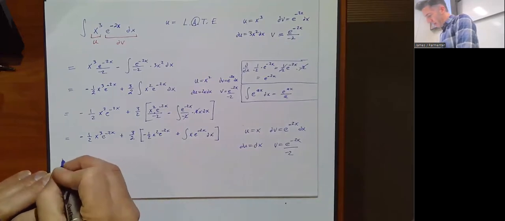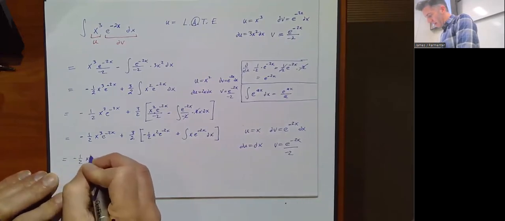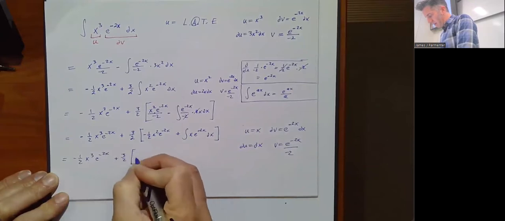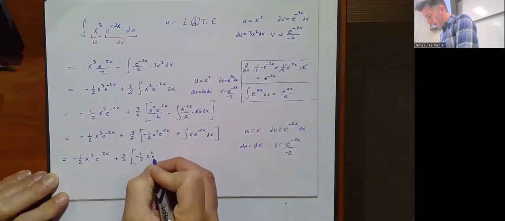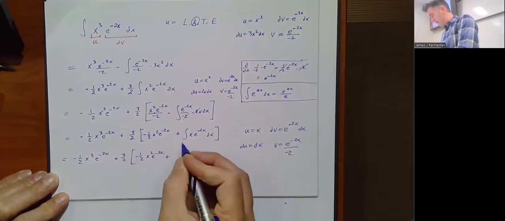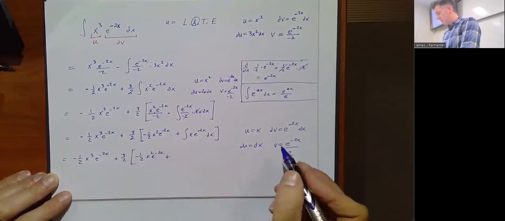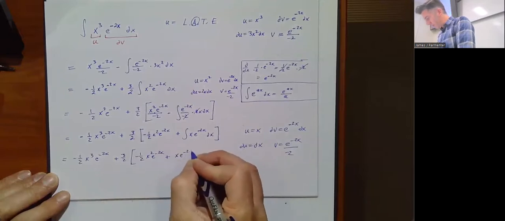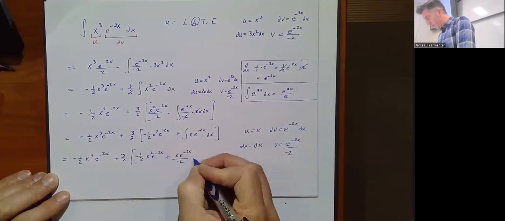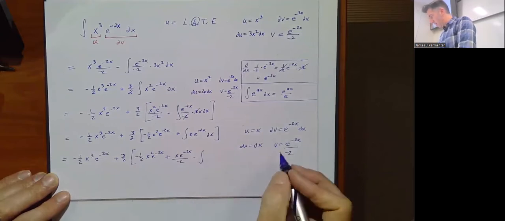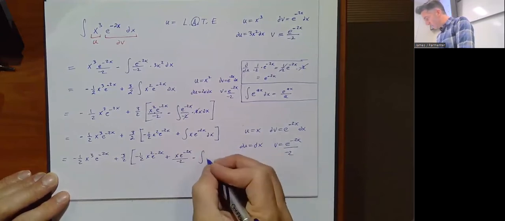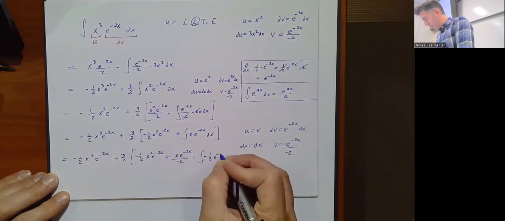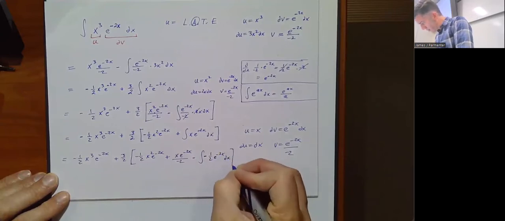So we've got negative 1/2 x cubed e to the negative 2x plus 3/2 times negative 1/2 x squared e to the minus 2x plus finally the integral of this is going to be uv. So x times e to the negative 2x divided by negative 2 minus the integral of v du, which is negative 1/2 e to the negative 2x dx.